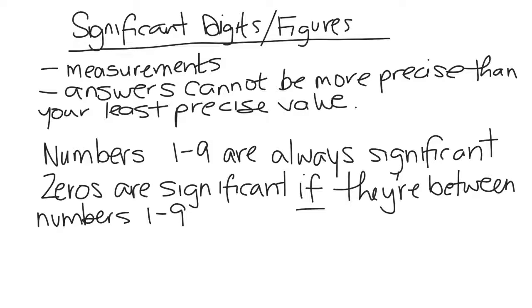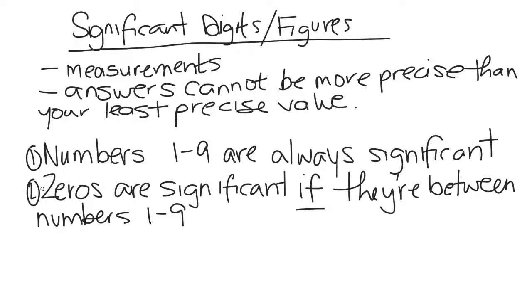So if you find zeros in the middle of a number, they are significant. Okay, zeros are significant if they're between numbers.